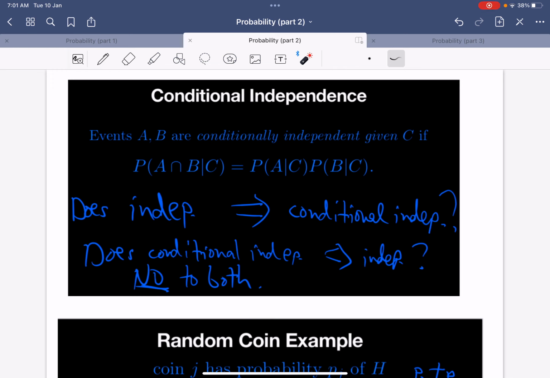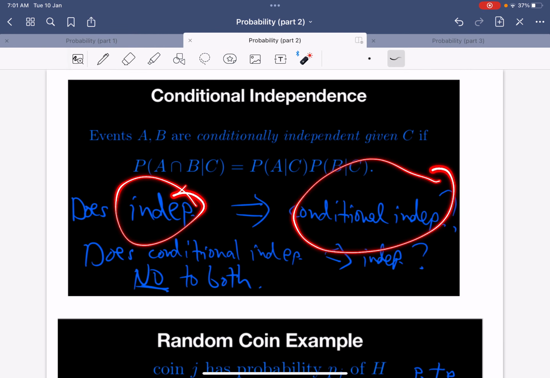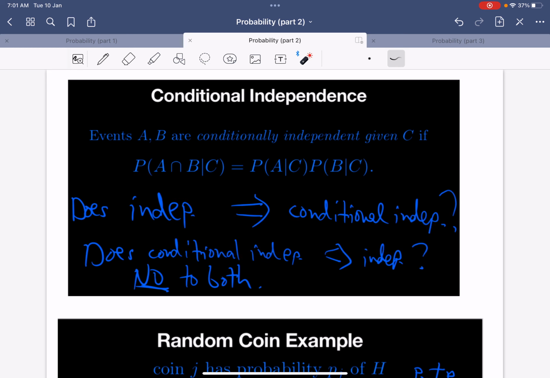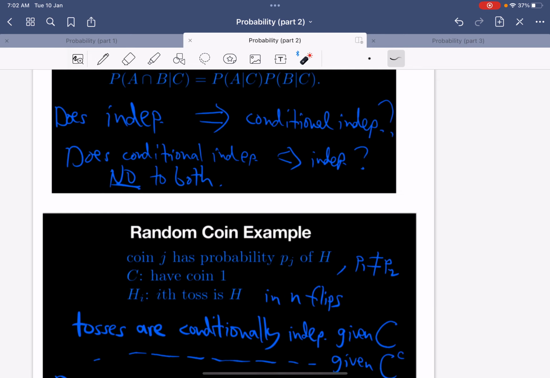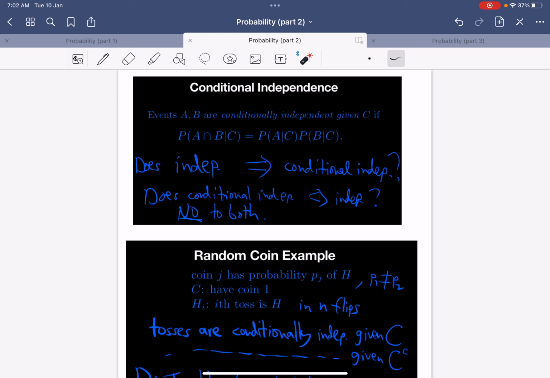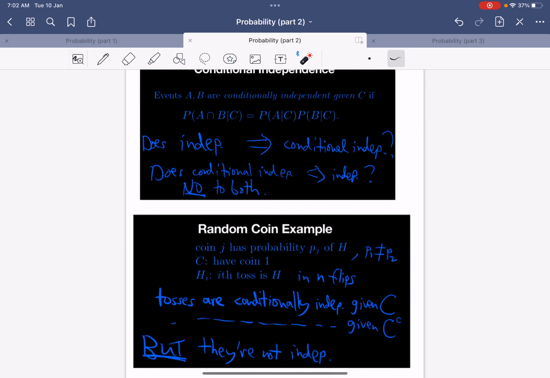But I'd like to say that independence does not imply conditional independence, and conditional independence also does not imply independence. They are just conditions that can occur but they are not related. They only have similar names, basically.